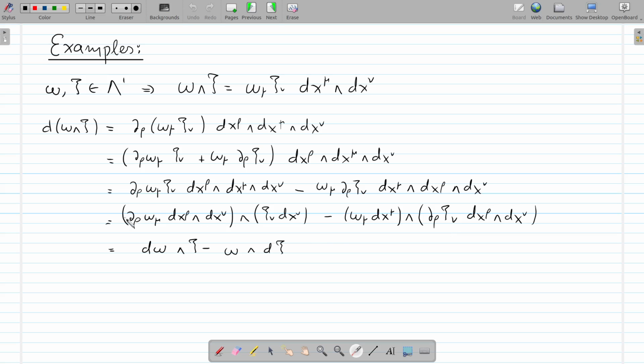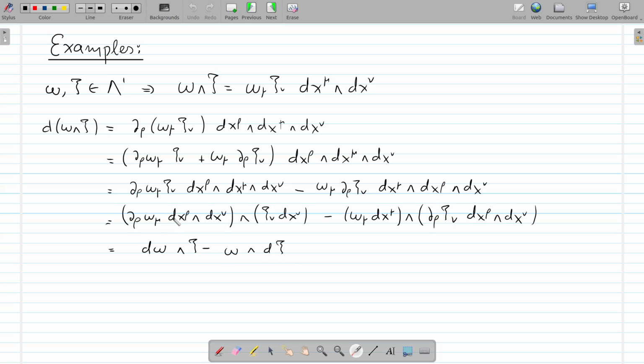So each factor in the parentheses gives us the corresponding differential form. So this is d omega here, and this is xi, whereas this is omega and this is d xi.